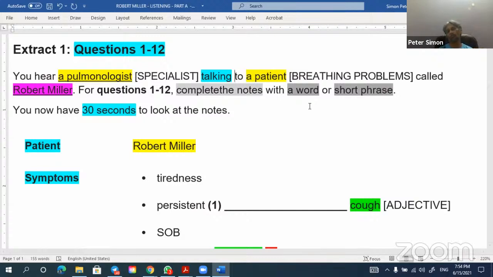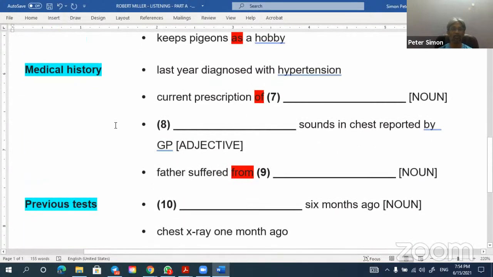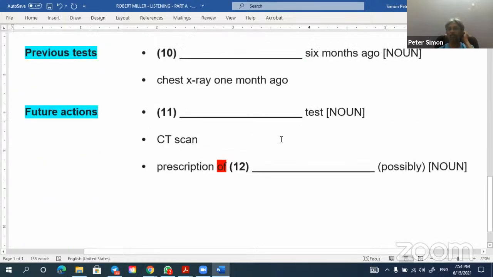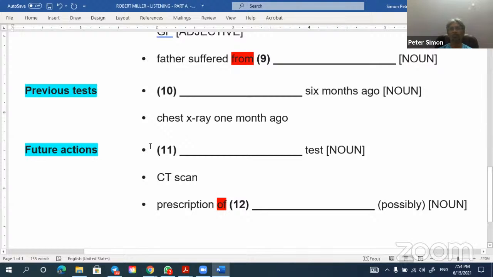diagnose the actual problem, because he has already been under medication, medical history, tests, and future actions, all these things. Okay, right. So this is what he is going to tell, future actions, what he is suggesting. Previous test already over.